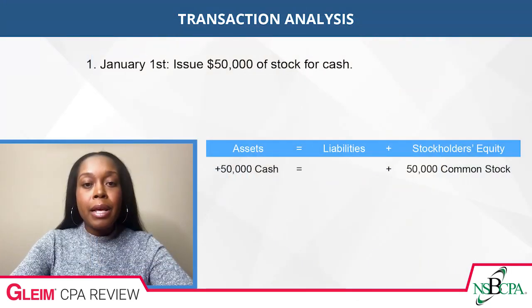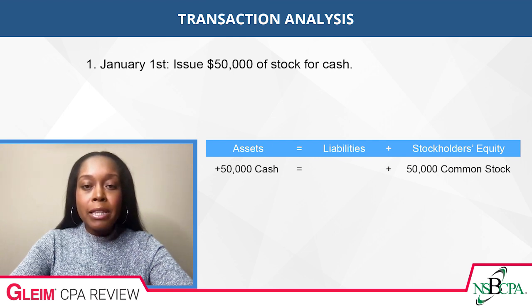Let's start at the beginning with typically the first transaction to start a company. I am numbering our transactions so we can refer back to them later when we work on the next step. Number 1 says issue $50,000 of stock for cash. What is the impact on the basic accounting equation?